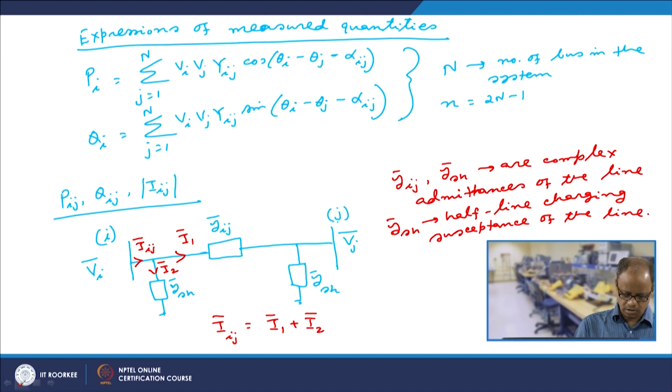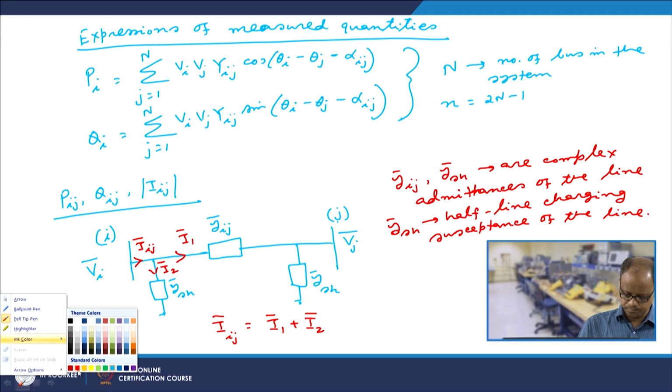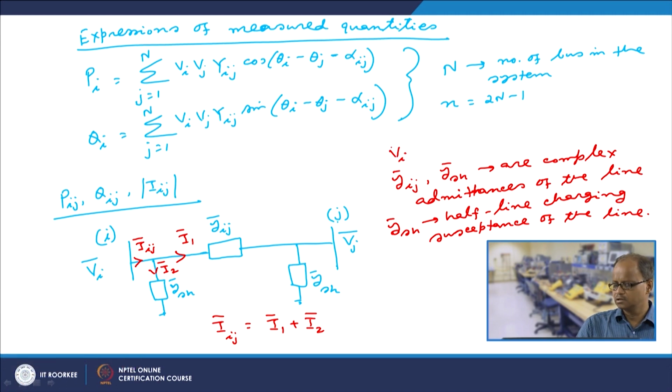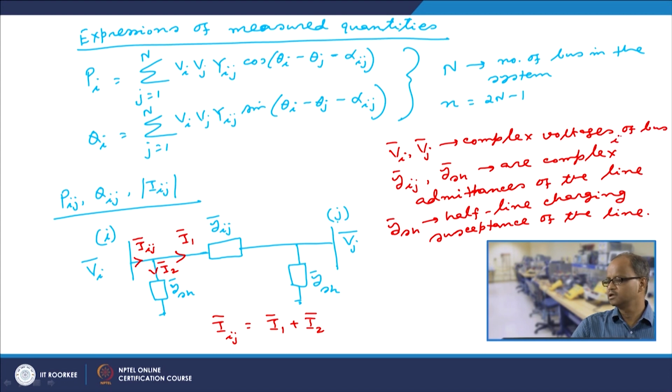We must also write that Vi, Vj are complex voltages of bus i and j.